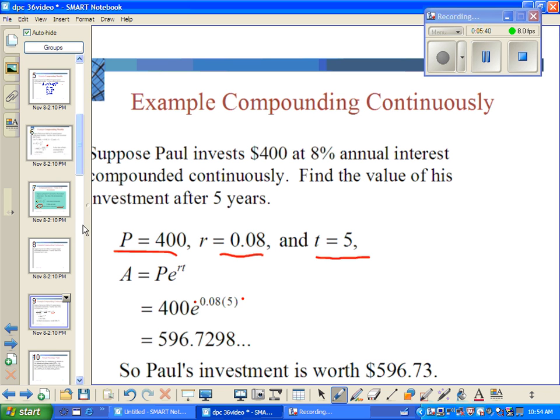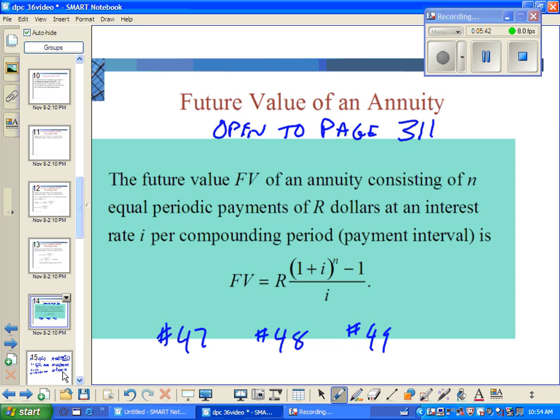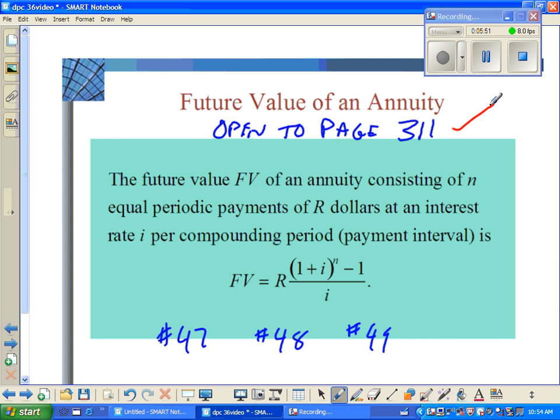Now, what we're going to do next is we're going to jump up to a formula that you probably have not seen. So what I would like you to do is open to page 311 in your book. Open up to page 311. This formula is what we call the future value of an annuity. An annuity is simply a series of fixed payments.